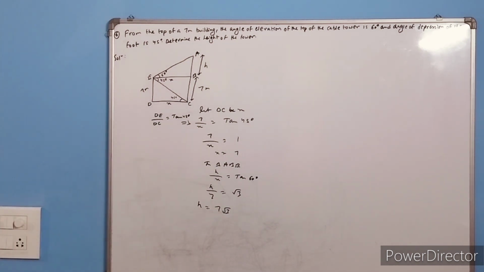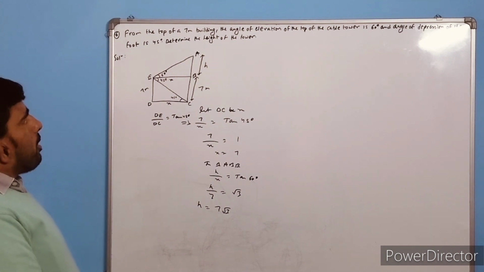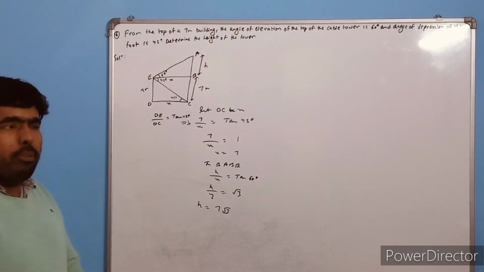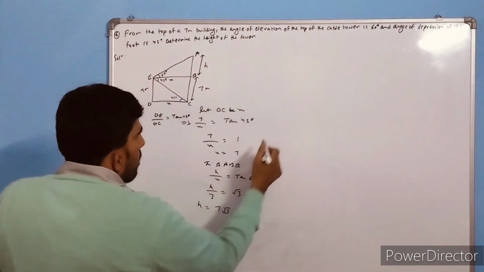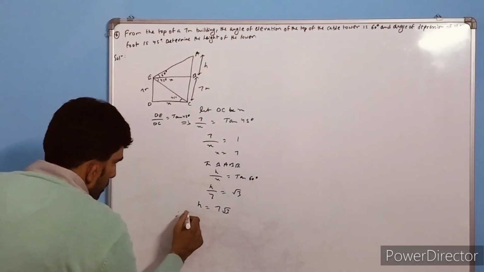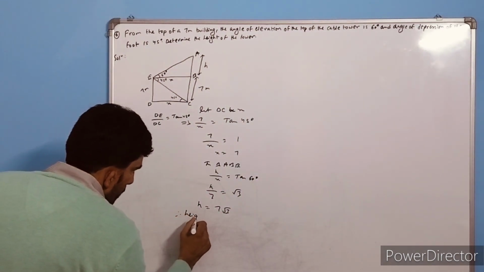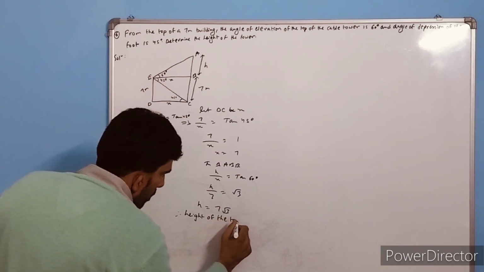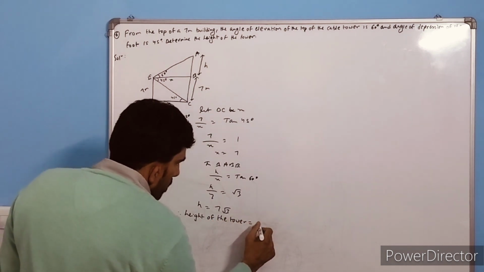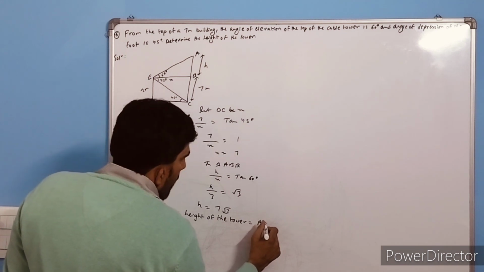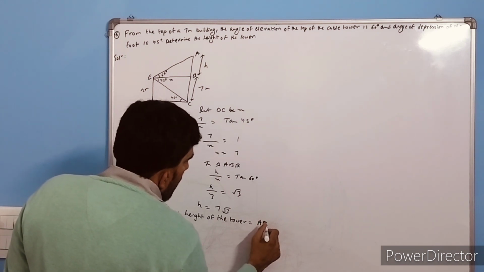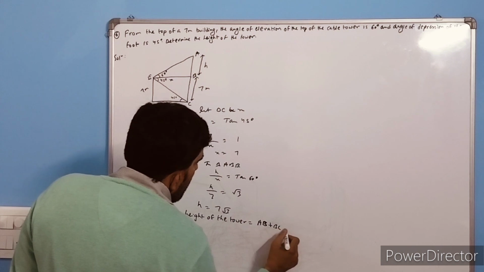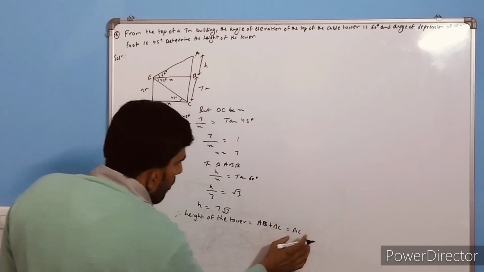Okay. But the question they have asked is to find the height of the tower. So therefore height of the tower will be how much? AB plus BC is equal to AC, that is height of the tower.